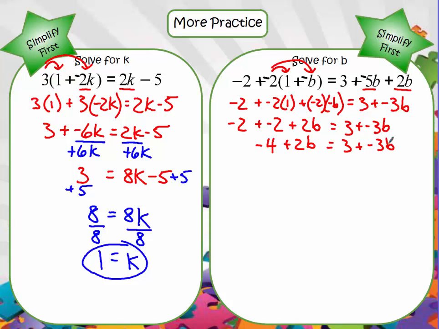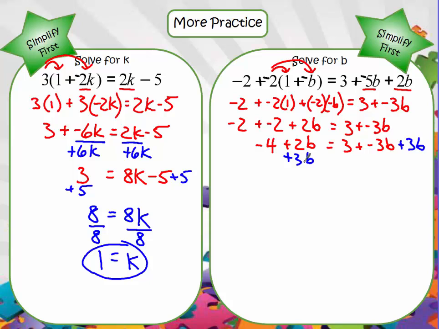Again, it does not matter if I move them to the right or the left, but my personal opinion is try to make everything positive. Well, that means that I usually want to attack the negative coefficient with the variable. So over here on the right, I have this negative 3b. So I want to add 3b to both sides to make that go away and bring the 3b to the other side. So let's add 3b to both sides.